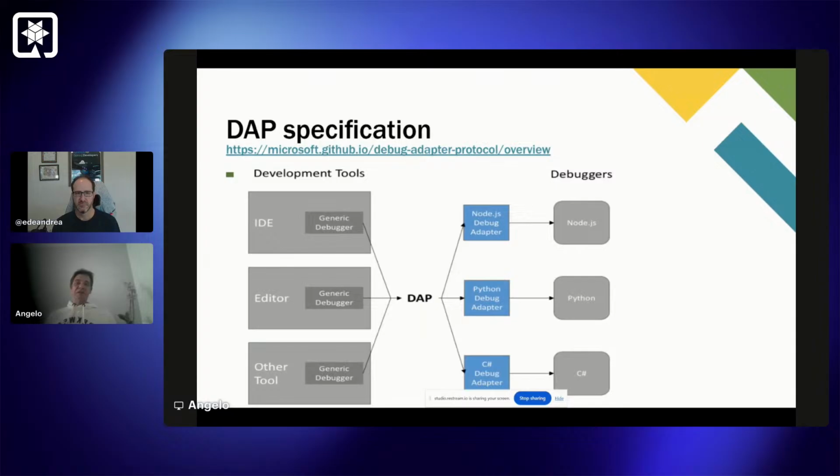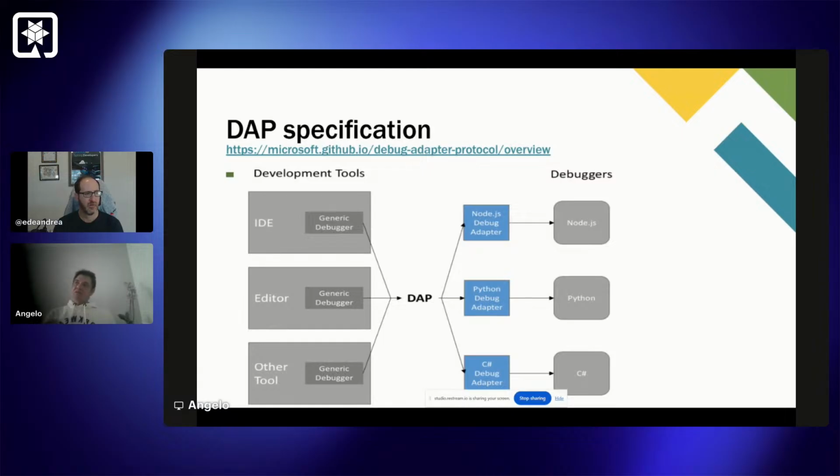Very quickly, I just copy-pasted the screenshot from the DAP specification. The DAP specification comes from Microsoft, and the main idea is to have a generic debugger on the client side. You can see on the left the IDE, editor, and other tools which have a generic debugger.